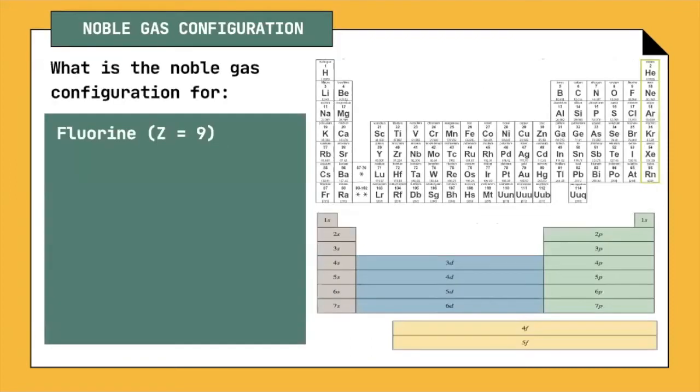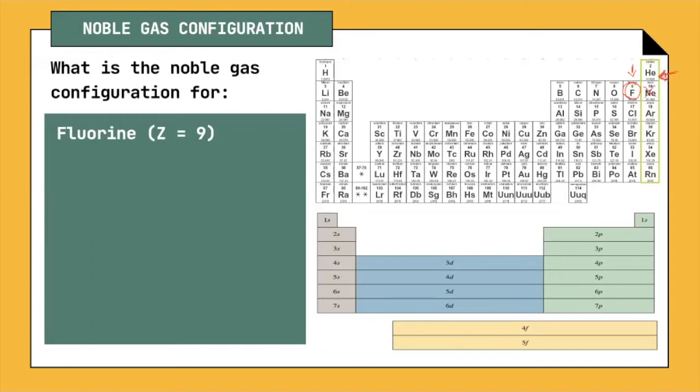For example, we have here fluorine. As you can see here, it has an atomic number of 9, so therefore it is here. So this is fluorine. All right, now we know where fluorine is. Then another step says that we have to locate the preceding noble gas. That wouldn't be neon, but it would be helium.